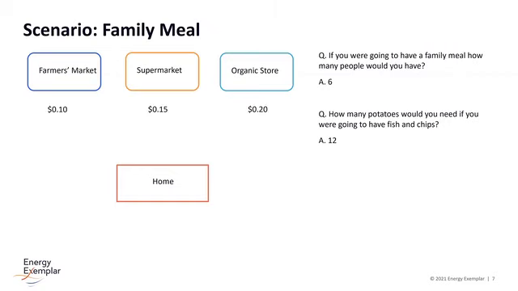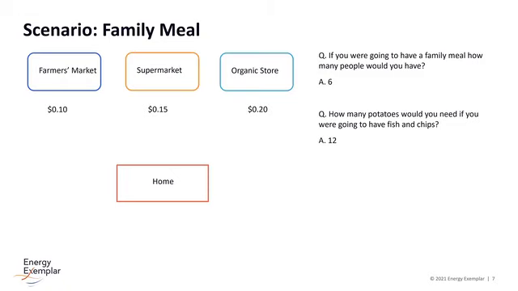Now, if we had the prices that we've got here, so in this case, it's 10 cents per potato for the farmer's market, 15 cents per potato for the supermarket, and then 20 cents for the organic store. If these were the prices, where would you go to get those potatoes?